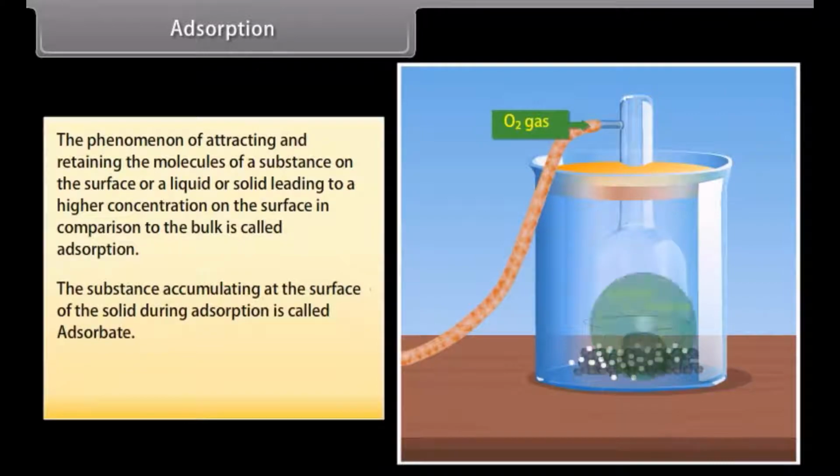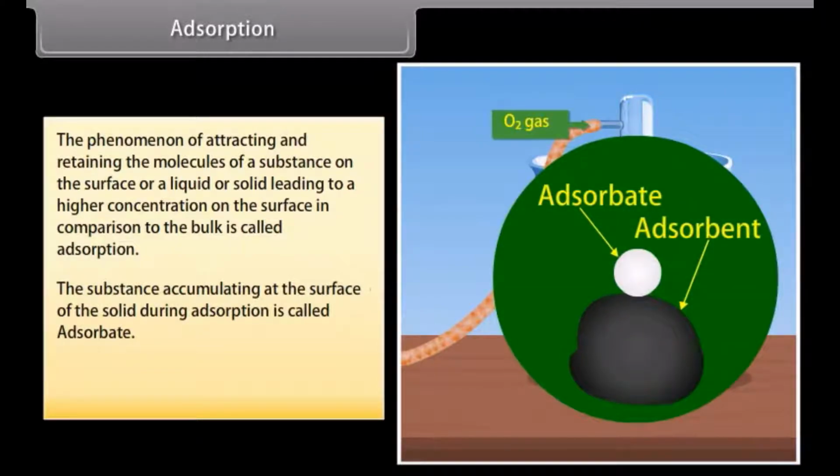The substance accumulating at the surface of the solid during adsorption is called adsorbate. The surface on which adsorption occurs is called adsorbent. Adsorption and absorption.